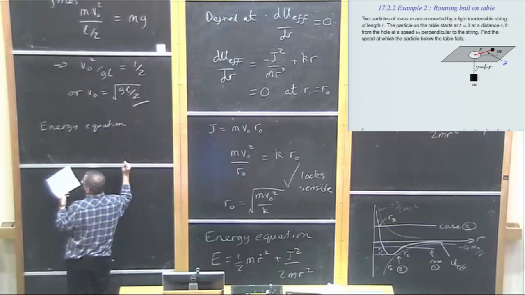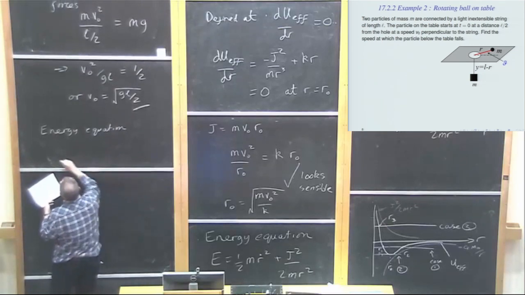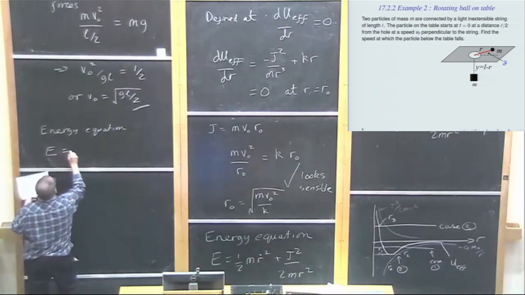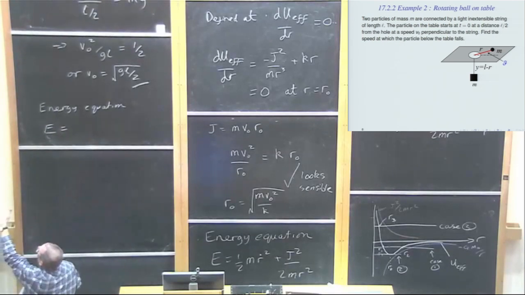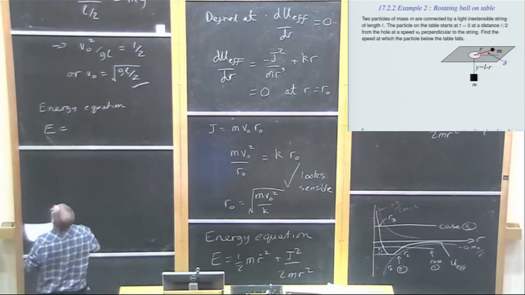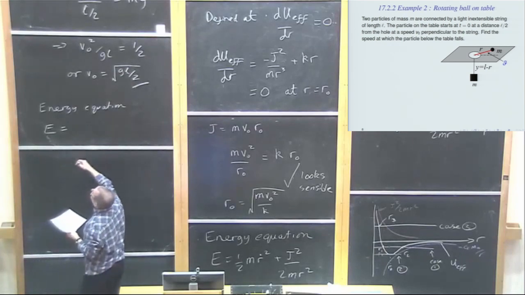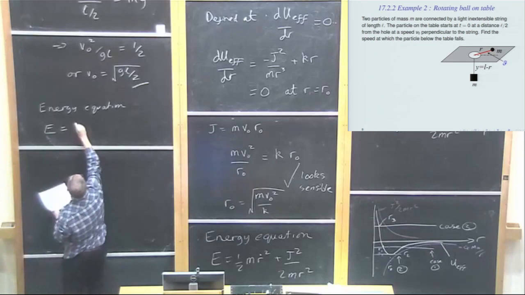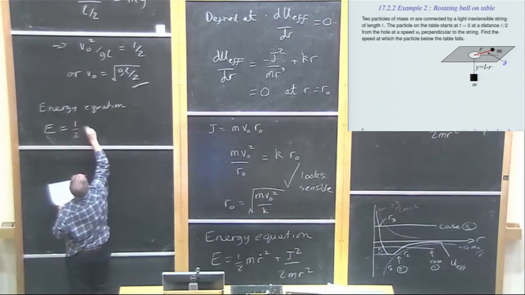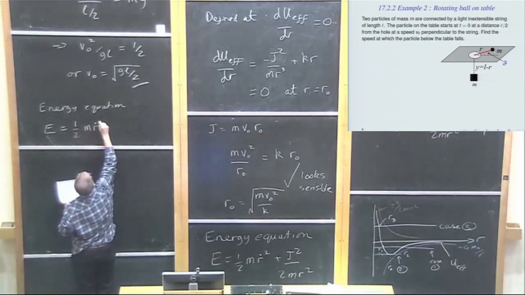What components will it have? Okay, so firstly we have this kinetic energy term, the radial kinetic energy term. Again, this is a radial force, a central force. So we have a half m r dot squared.